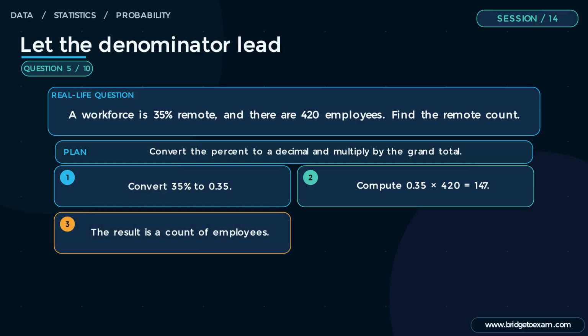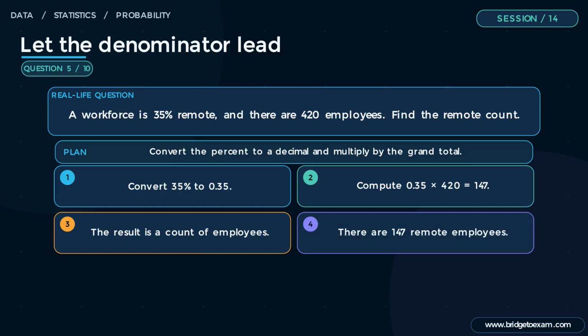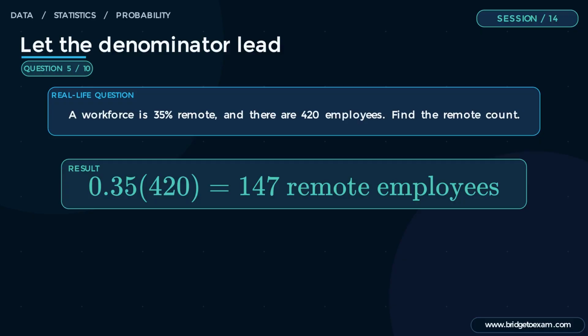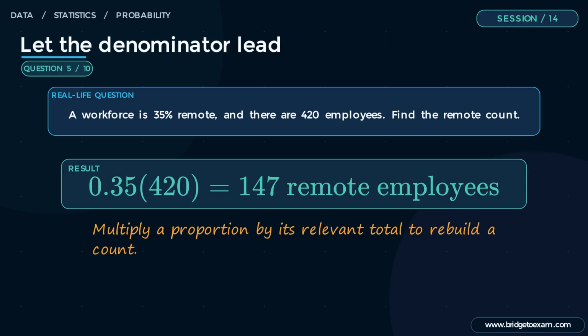Step 3. The result is a count of employees. Step 4. There are 147 remote employees. Quick check. The remaining 65% is 273 employees, and 147 plus 273 equals 420. This matters in real life because workforce planners translate percentages into equipment and office space counts.